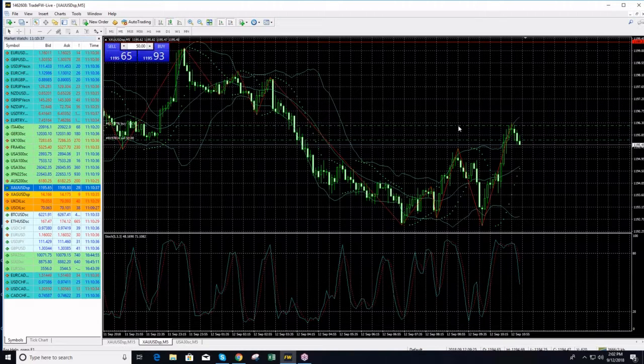Also, as you see, my hedge difference is so low that, yep, I will hedge it and see how it goes.